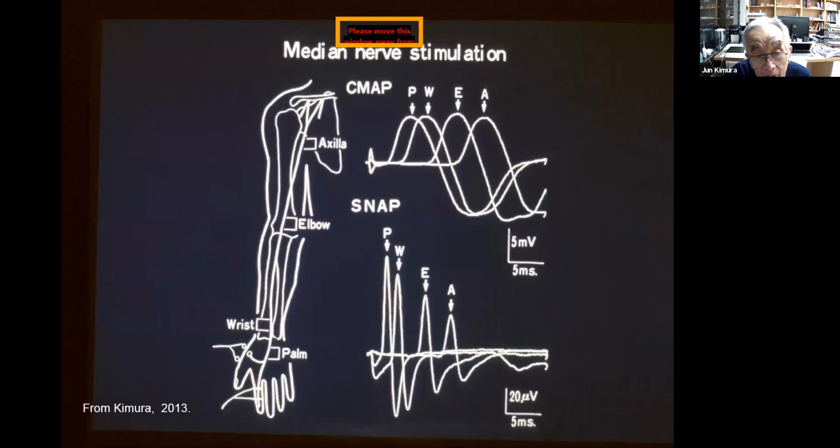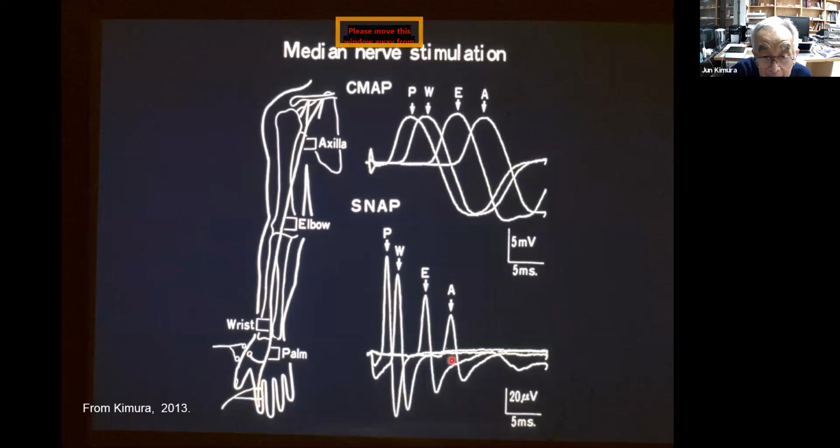But if you go farther away to the axilla and stimulate the nerve, because there is such a distance between the stimulus point and the recording point, fast conducting axons arrive at the target first, and then slow conducting axons lag behind and come later. In other words, they become desynchronized, right?